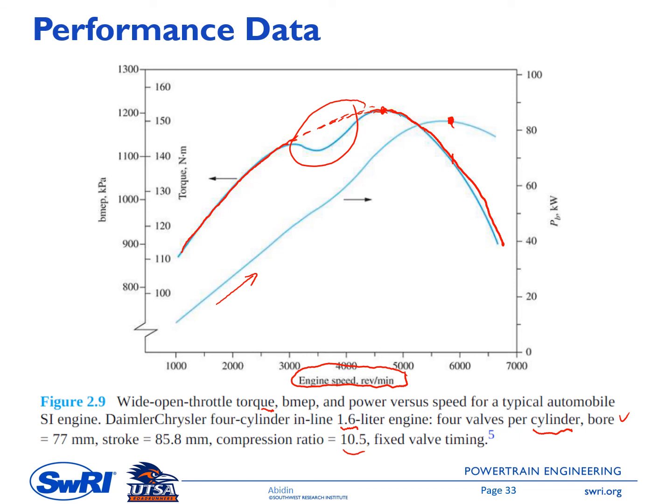At the max power point, the brake mean effective pressure or the torque decreases, I think by 10 to 15% here. So this is the max one, and this is the BMEP at the max power point, which is around 6,000 RPM here.